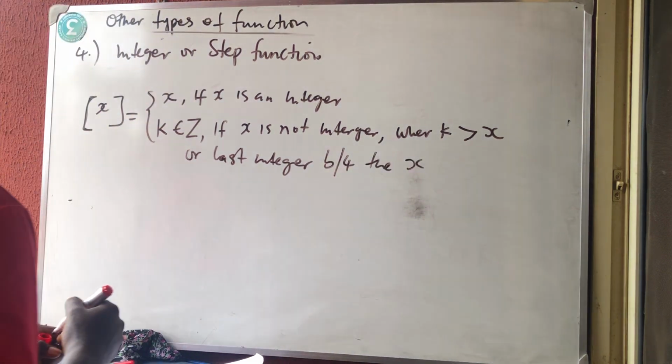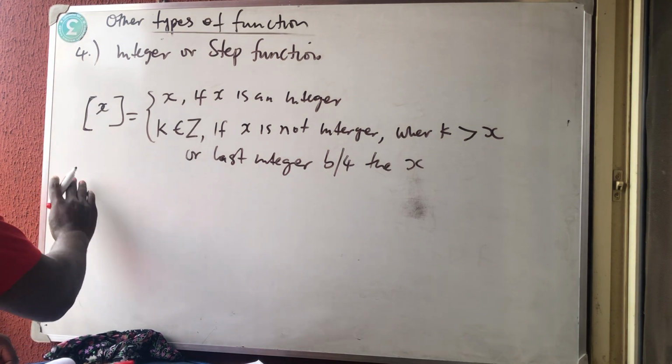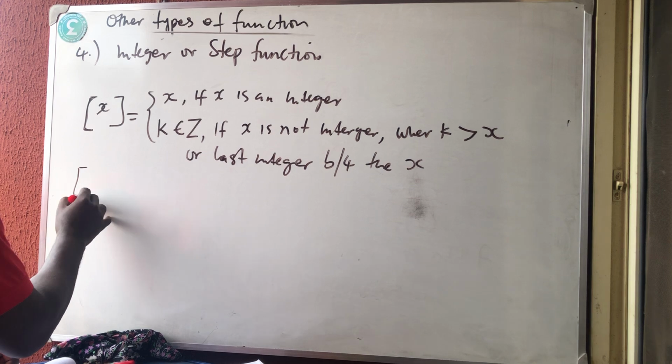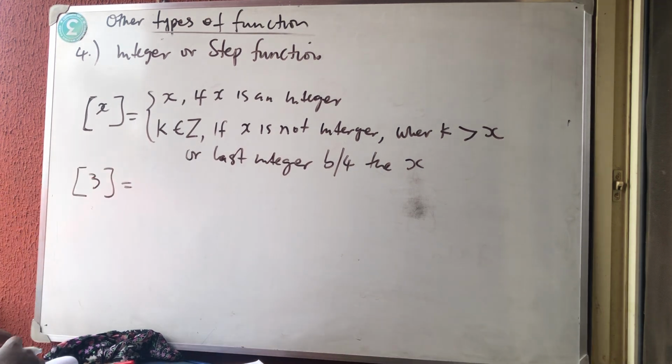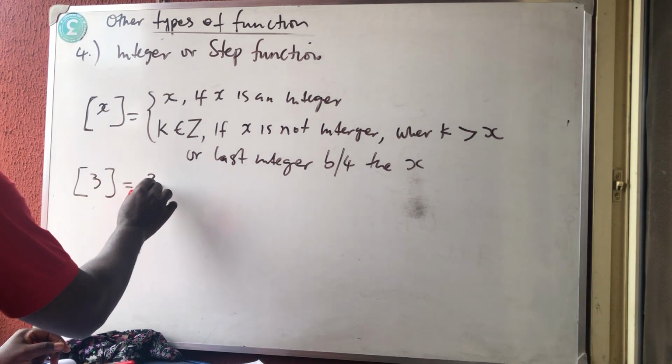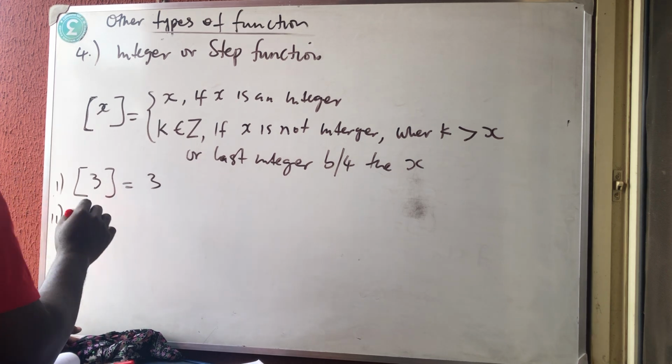Let me explain what they mean here. The integer function of 3 is just 3, because it is a whole number. I will solve with examples so you understand.